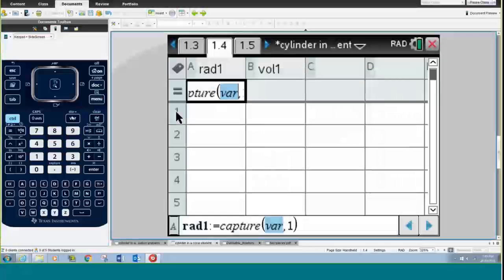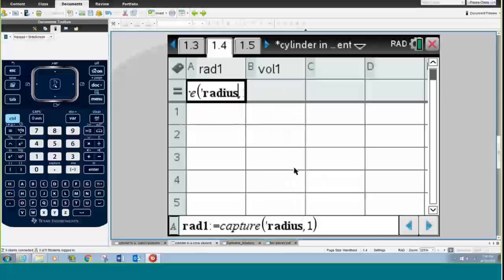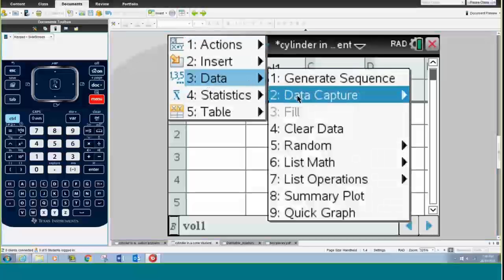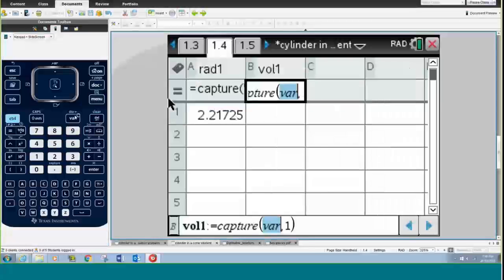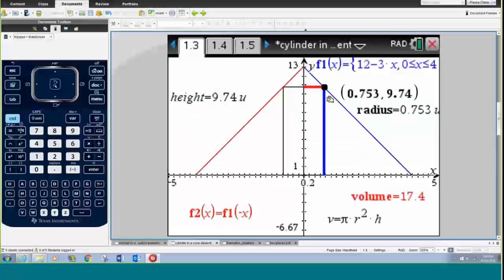If I go to variables, I will capture radius here. For this one, if I go to menu, data capture, again automatic, but this time I want to capture the volume. I already have one point, and now if I go back to my graph and start moving this point, it captures all those values and creates the graph for the students to see.